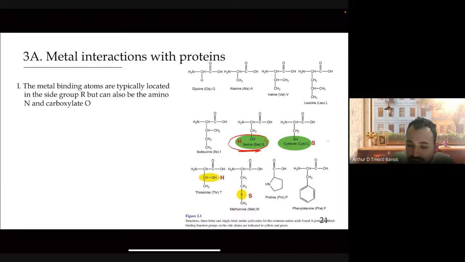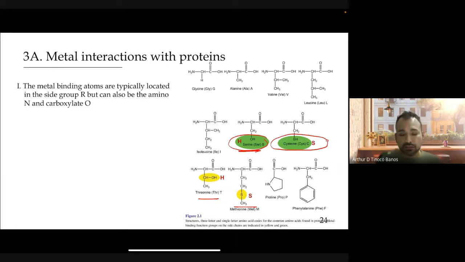In contrast, if you focus on cysteine, the sulfur is a soft Lewis base. Then you have other amino acids like threonine, which has an OH group, and methionine. Again, you can do a similar analysis to find certain types of metals interacting with these.